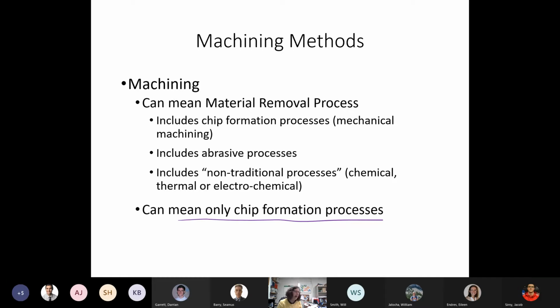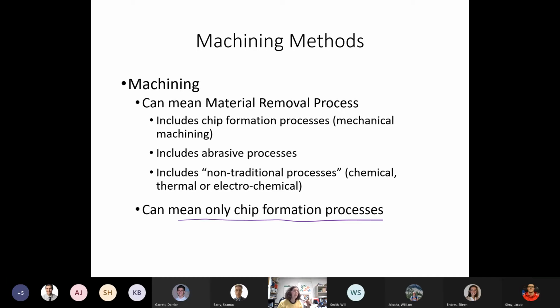So I am going to use the word machining in the broader sense. If I refer to machining, then I'm really referring to the broader, and when we talk about specifically chip formation, I'll say so. Most of when we look at machining in terms of the advantages and the disadvantages, we're referring to this more as a material removal process.